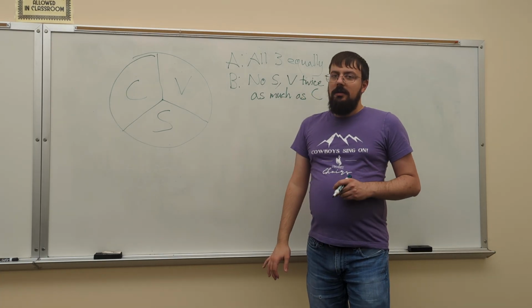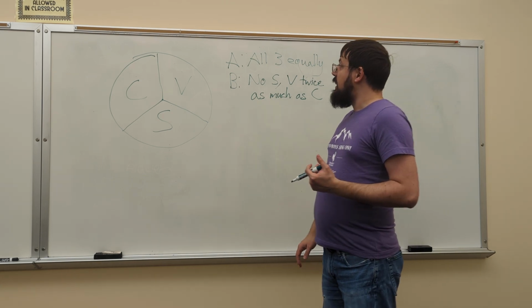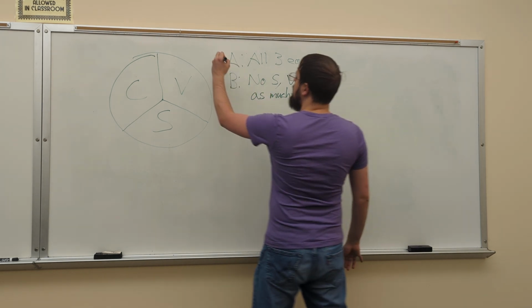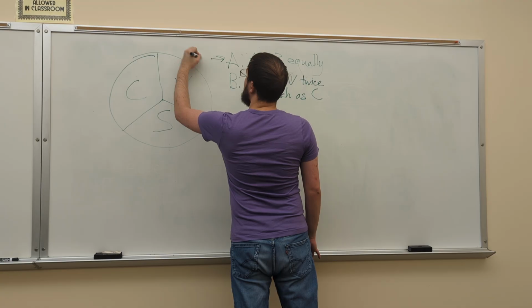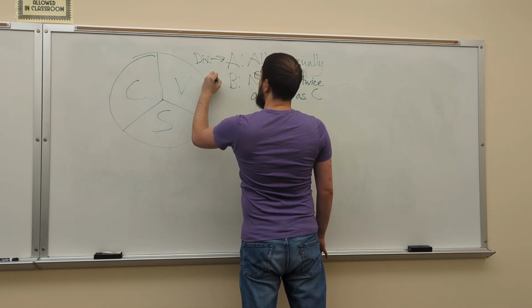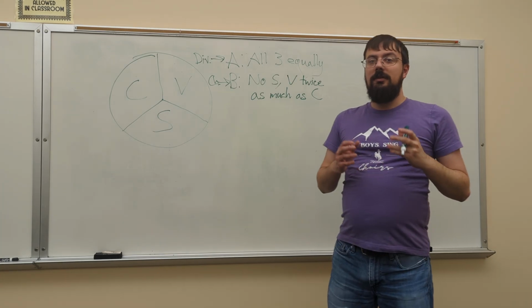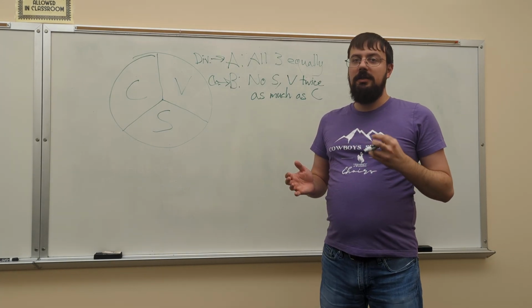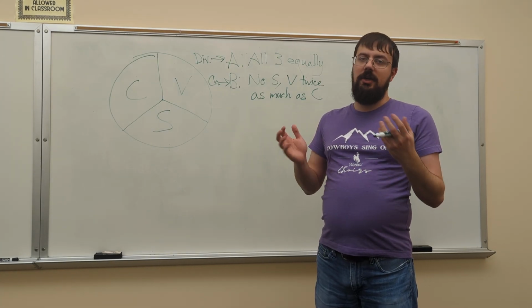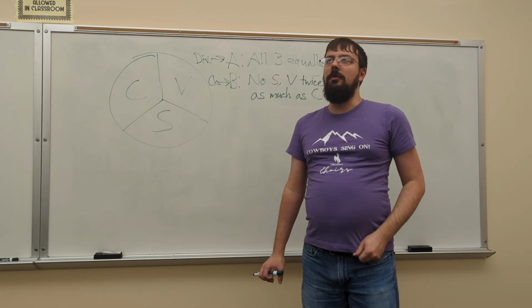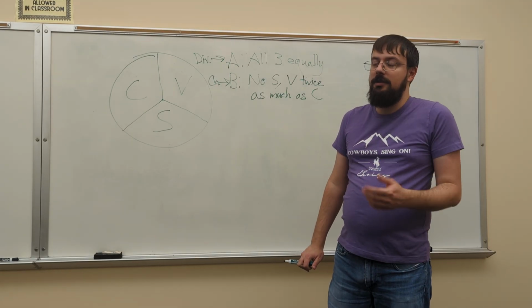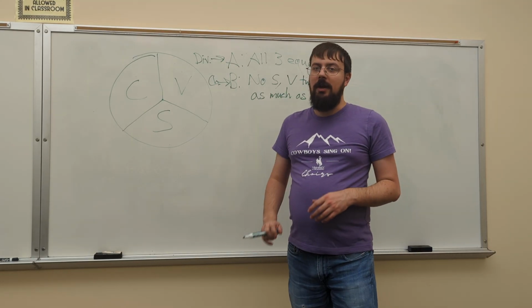So let's say that A is our divider and B is our chooser. Now, how the divider and chooser are picked usually is going to be at random. You can decide with a coin toss, or if one player just volunteers to be the divider, that works also.